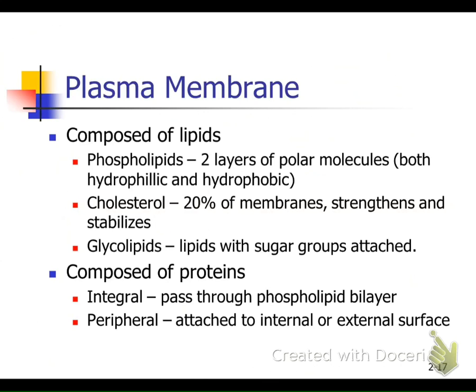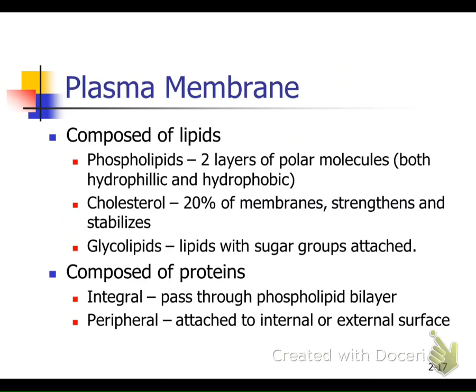And I showed you those proteins as those green channels. And these proteins are going to come in two basic structures, integral proteins and peripheral proteins. As the name suggests, an integral protein is one that is integrated all the way through the membrane and would be visible from both the inside and the outside. It creates a true channel.